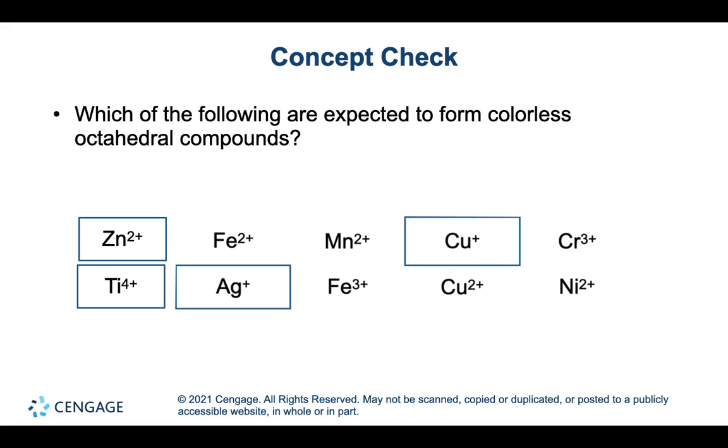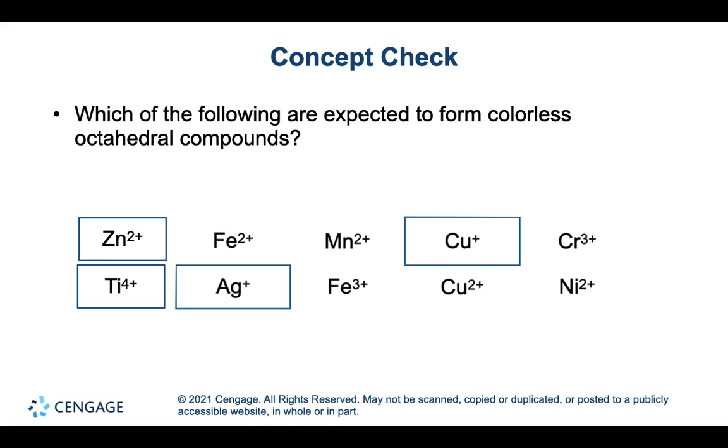So then you can go through and analyze different complex ions that are possible and which ones will form colorless and which ones would form colored. Now in the case of Zn+2, you actually have a 3d10 arrangement, and you also have that with copper +1, because the copper +1 is 4s1 3d10, and then you lose 1, it'd be just 3d10.